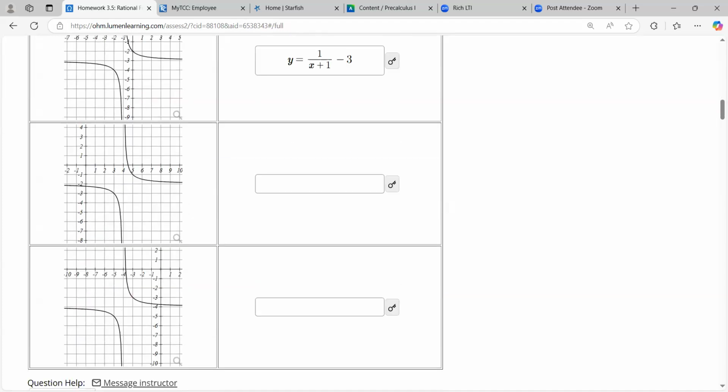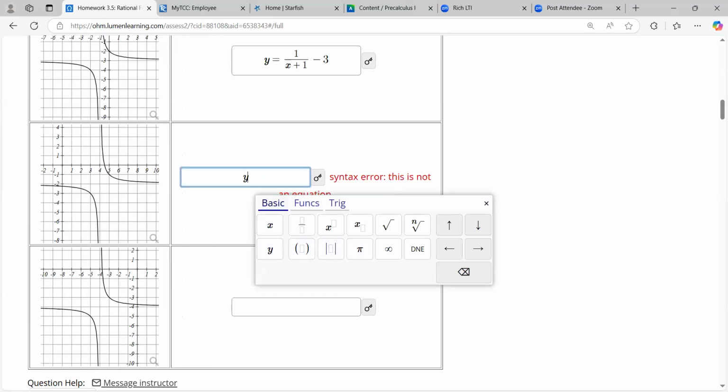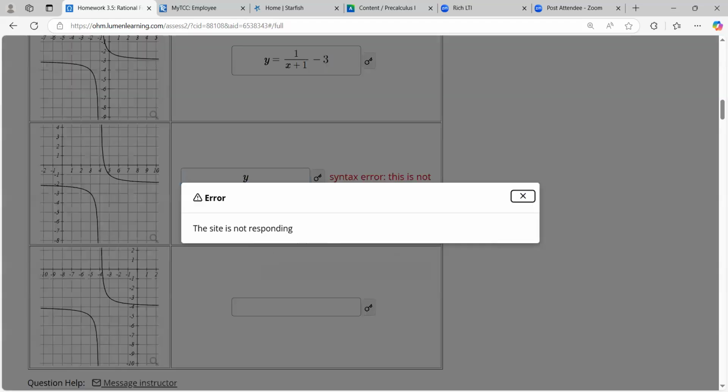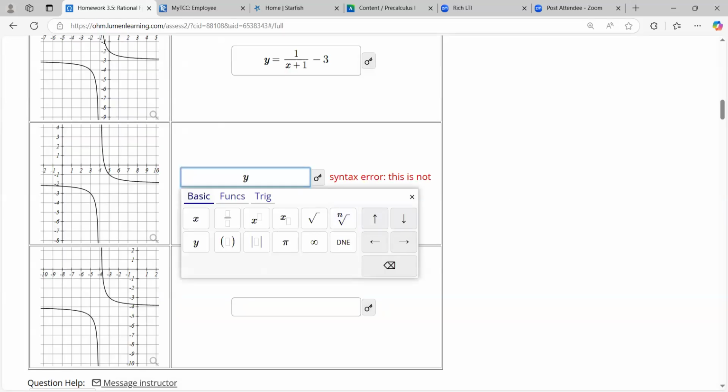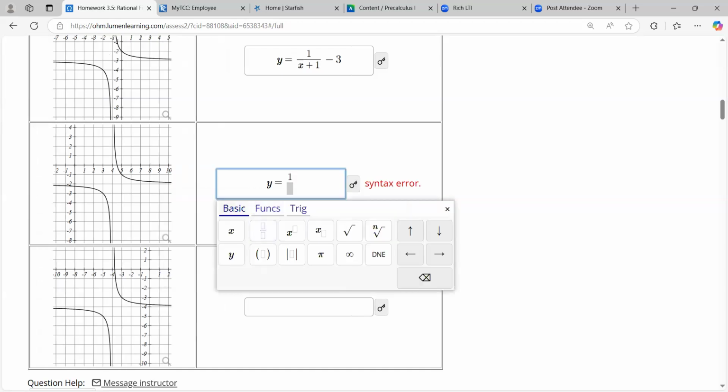The next one, similarly, we need to find the location of the center of the hyperbola. It is 4, -2. So it means we need to shift the mother function to the right 4 units and down 2 units. And then the corresponding function should be y equals 1 over x, that's the mother function.